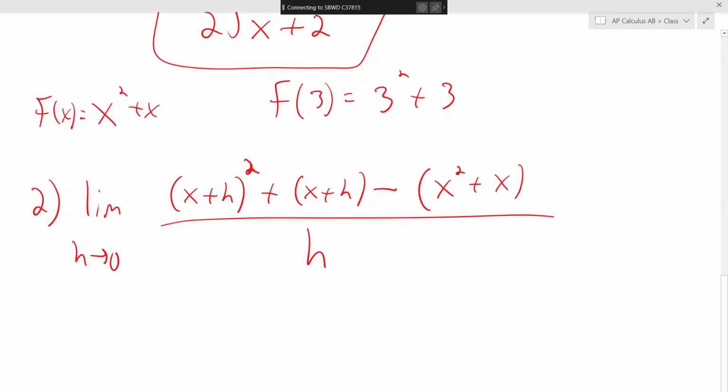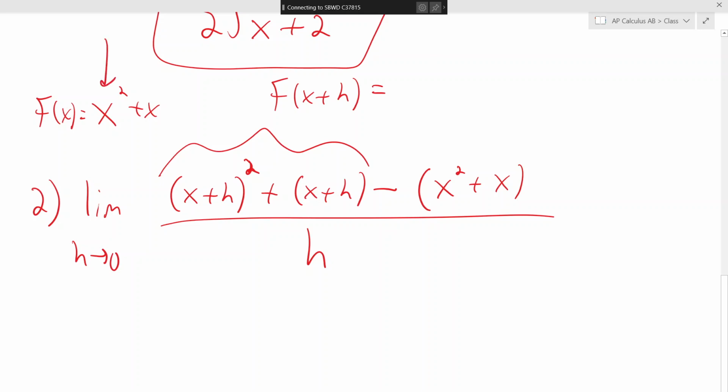Whatever's in there, squares it, adds it again. Cool? So f of x plus h, which is what is sitting right here. Again, it should be x squared, but now it's x plus h squared. That's what it is. You're rewriting the function, plugging in x plus h everywhere you see x. That's all. Okay? And then our job is just to simplify it down.